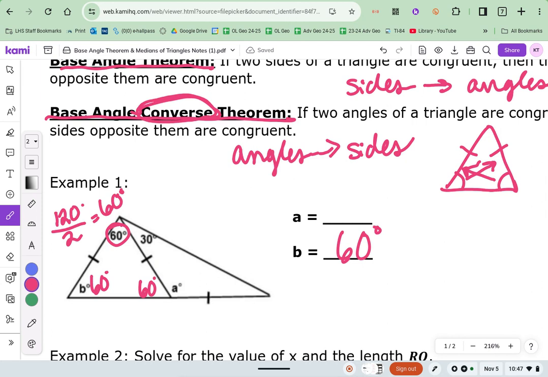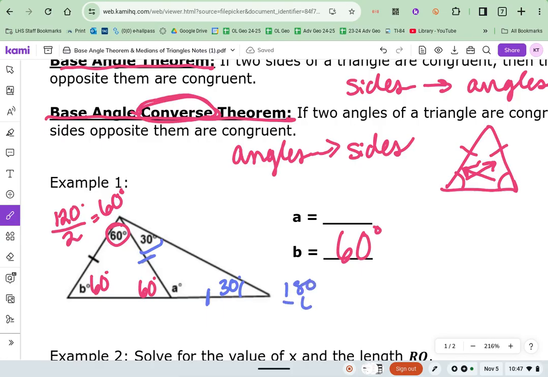All right, there definitely are a couple of ways that we could solve for A, but if you're using the base angle theorem, we can say, well, since we have these congruent sides, the angles opposite of these sides are going to be congruent. So if that blue one is 30, this blue one is 30, which means that we have used 60 total degrees in that triangle.